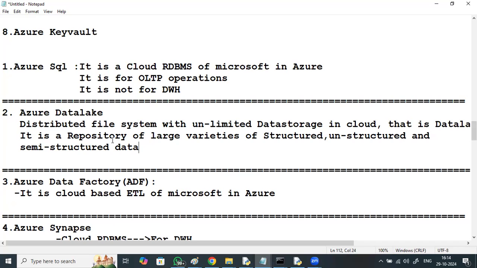Azure Data Factory is a cloud-based ETL of Microsoft in Azure.